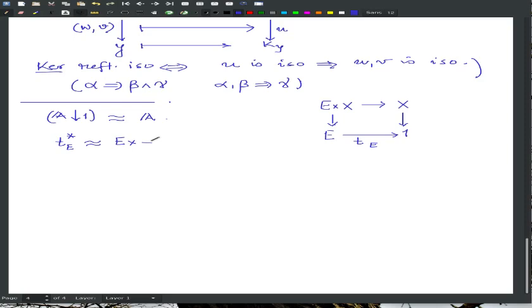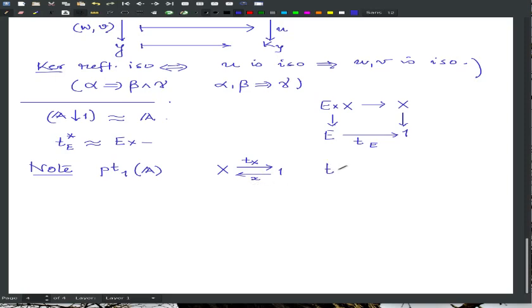Now what are the points? Firstly you must keep in mind what are the points of A. Well, these are all these split epimorphisms, right? Yes.